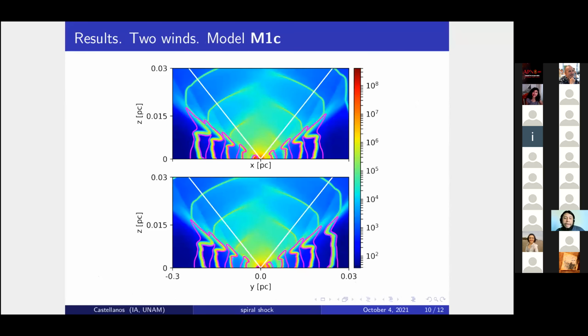Okay, now I show the stratification density for model M1C on the XZ and YZ planes. We can observe that there is unperturbed flow here, followed by shock zones in here.